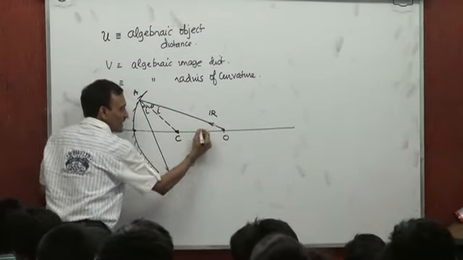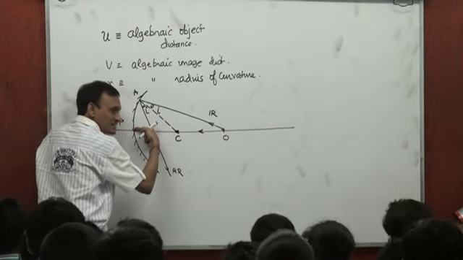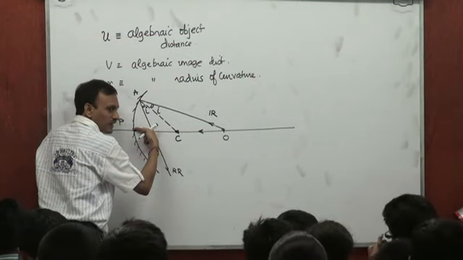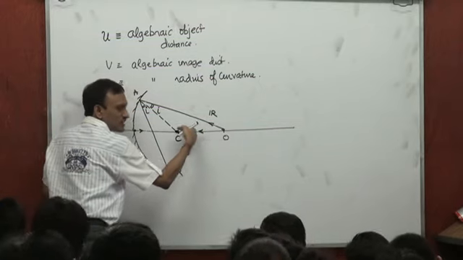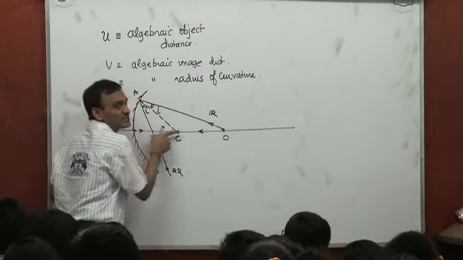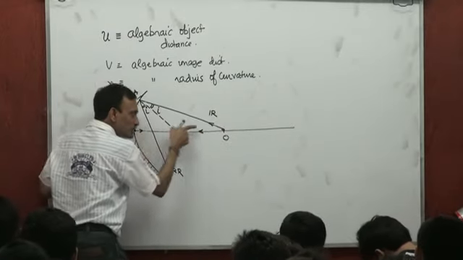So angle of incidence is 0, and angle of reflection will be 0. So any ray of light which passes through the center of curvature would retrace its path, right? So then this is the reflected ray.